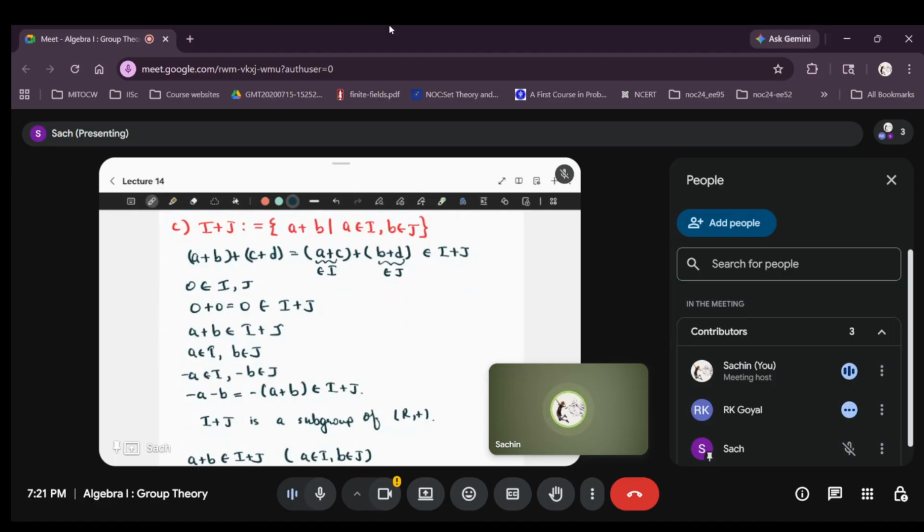Yes, you can take A in I and 0 in J, then you can add them, you'll get A plus 0, which is A, which is in I. So I is also contained in I plus J, J is also contained in I plus J. That's why 0 should always be there, since it is a subgroup also.